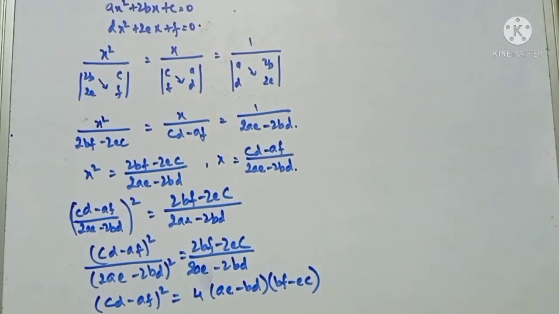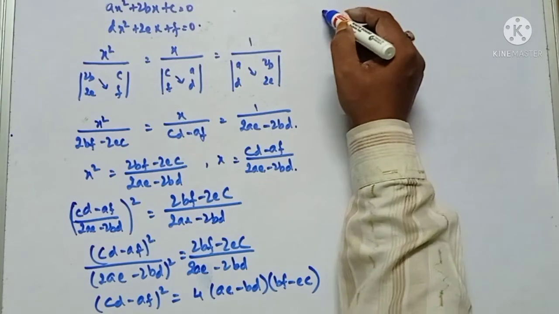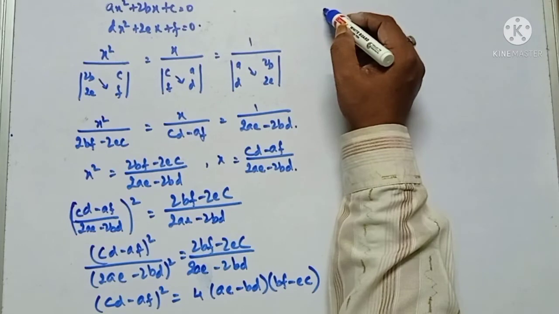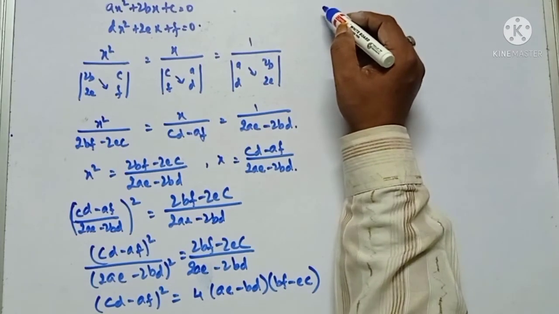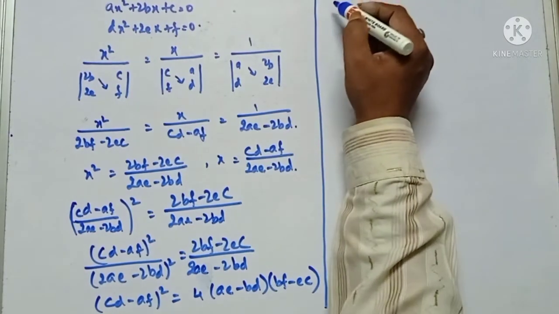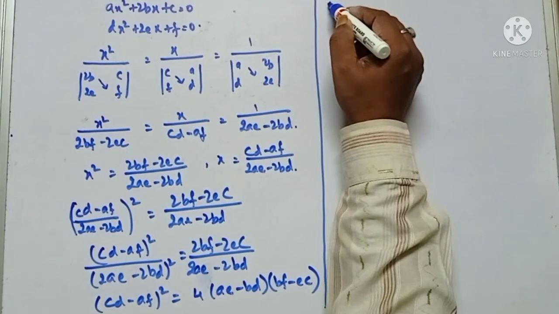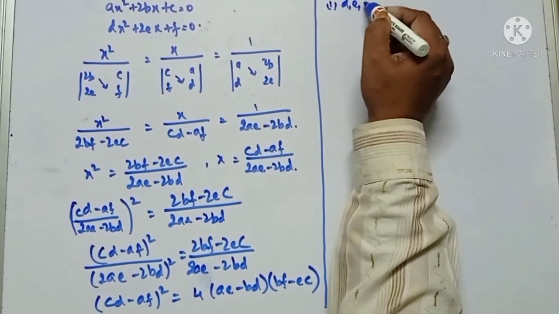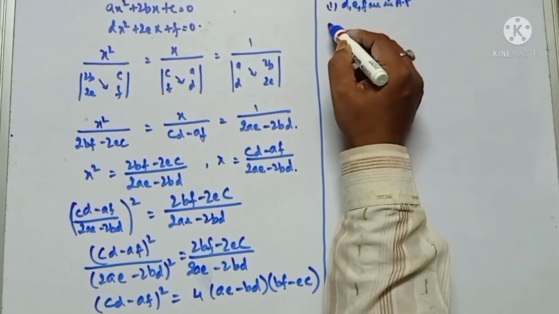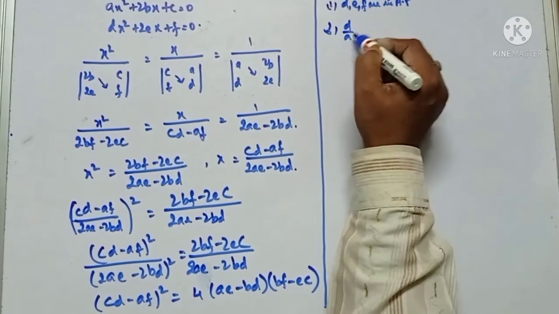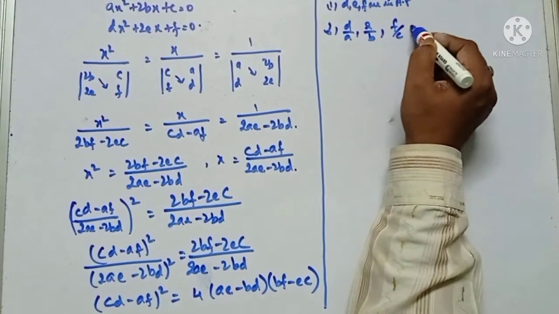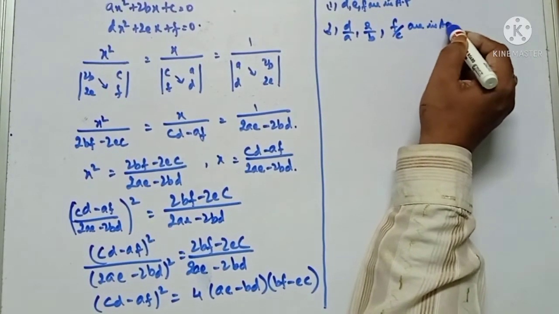There were four options given to us. The first option was that D, E, F are in AP, and the second option given to us was D by A, E by B, F by C are in AP.